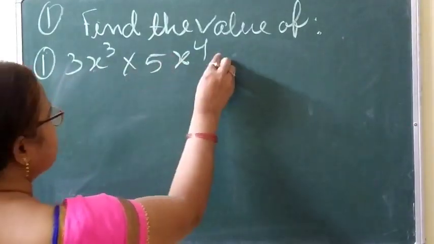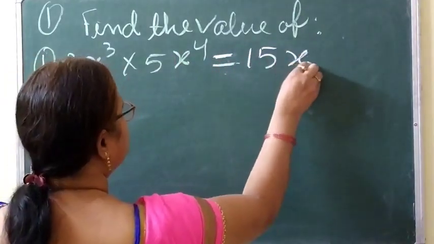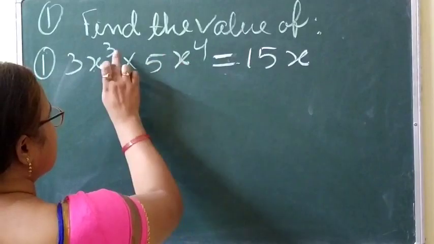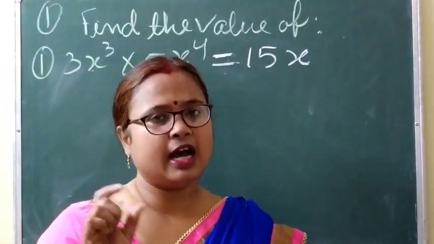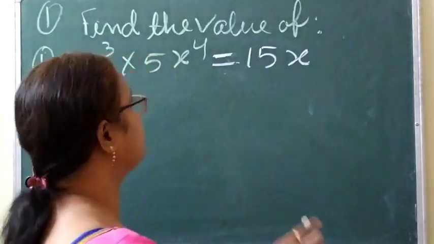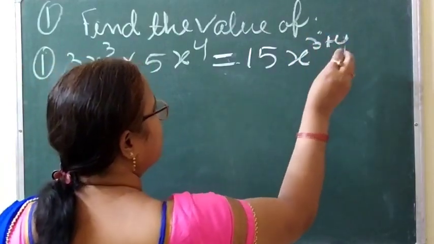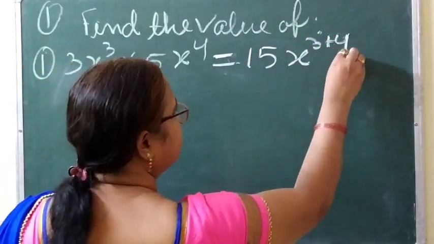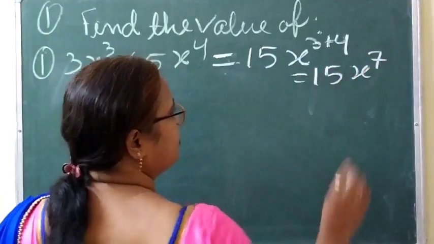So we will simply write here 5 3s are 15, and x to the power what? The base is same, so we will add the powers. When the base is same, we add the powers. So 3 plus 4 is what? It will be equal to 15x to the power 7.